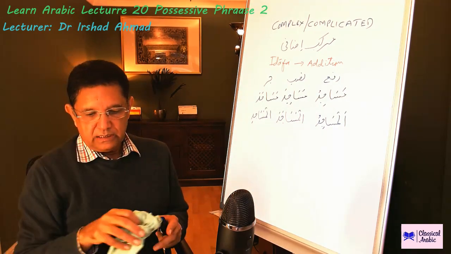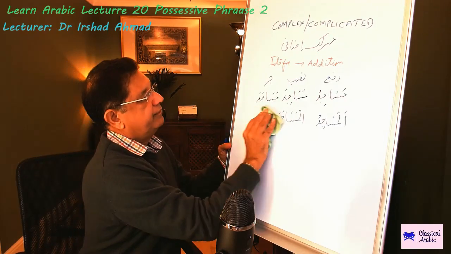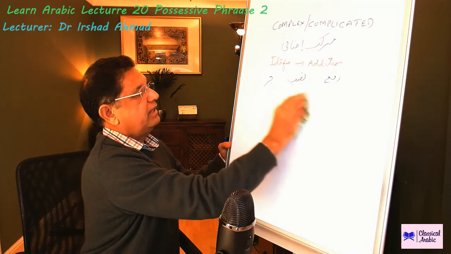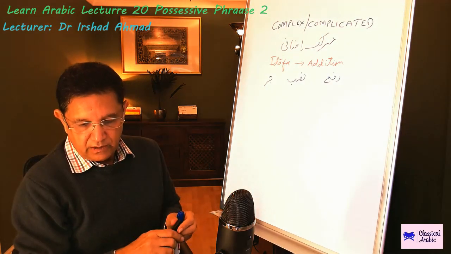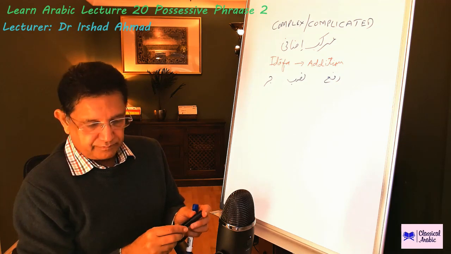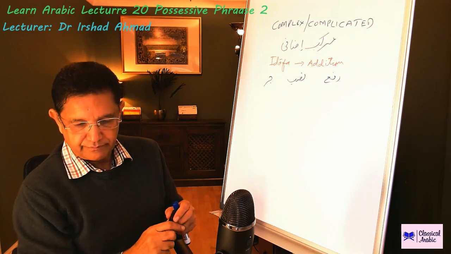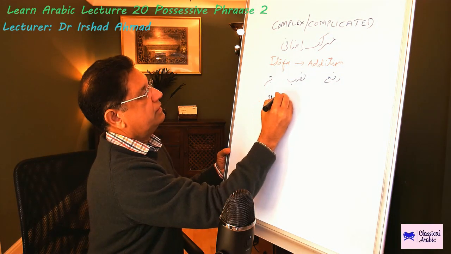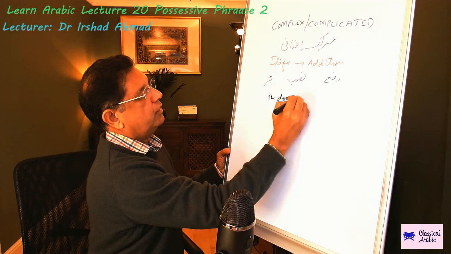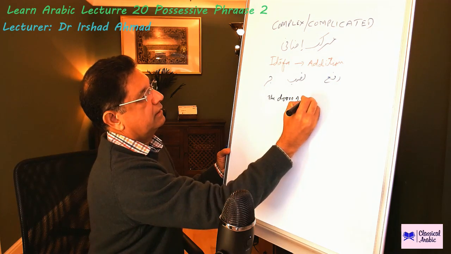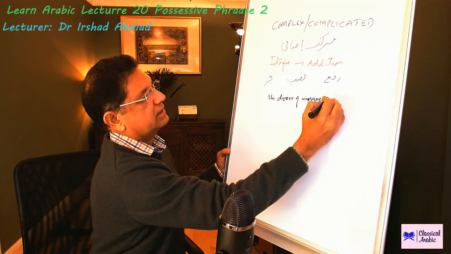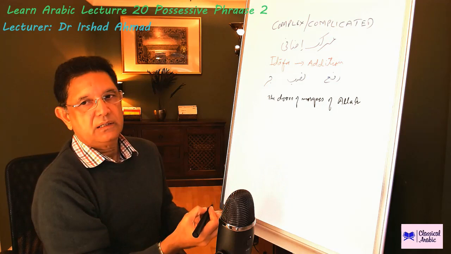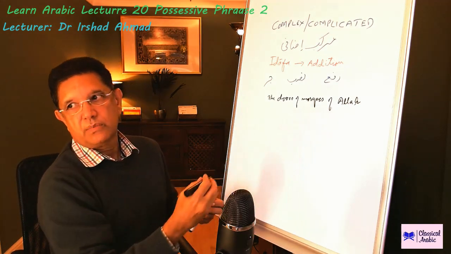So let us look at this example. This was our first example, which we have already, I think, talked about. We want to say doors of mosques of Allah. That's what we say in Arabic. In English we really say the doors of Allah's mosques.